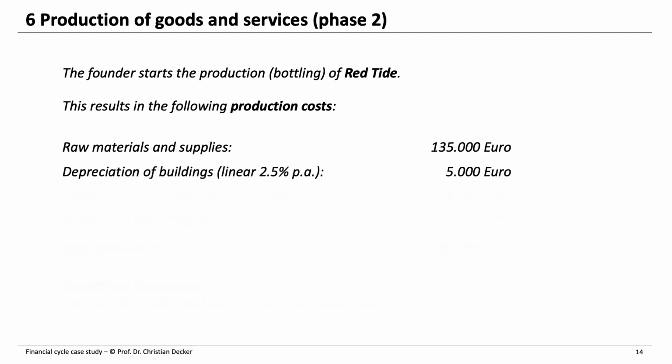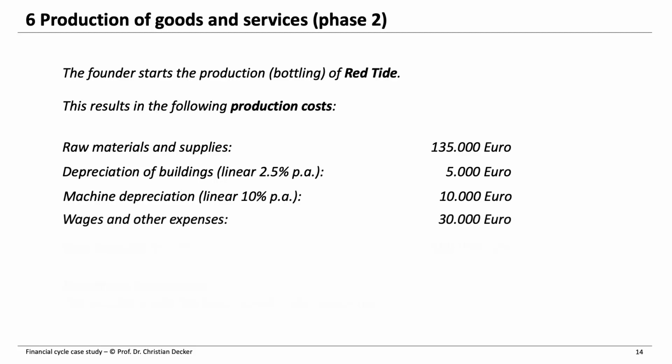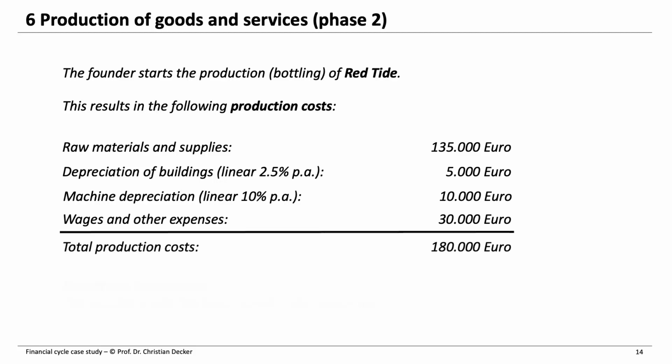A building depreciation of 2.5% PA, that is 5,000 euro, is calculated for the depreciation in value. For the machines, a depreciation of 10% PA, that is 10,000 euro, is calculated using the straight line method. Wages and other expenses are calculated at 30,000 euro. The total production costs thus amount to 180,000 euro.